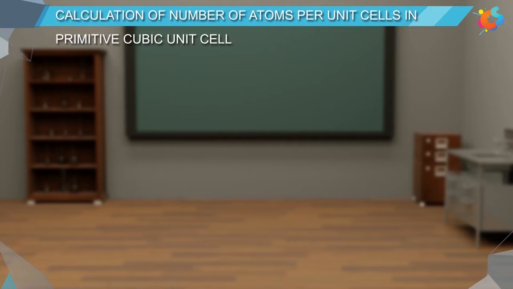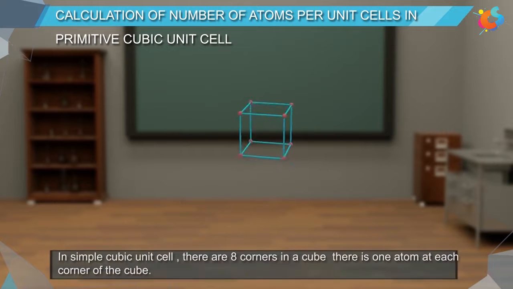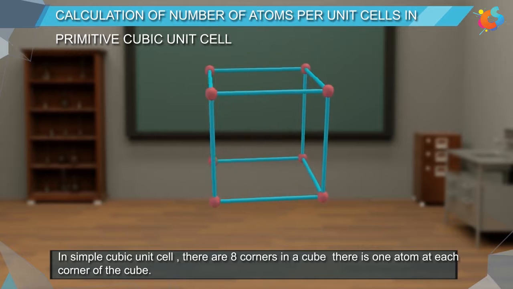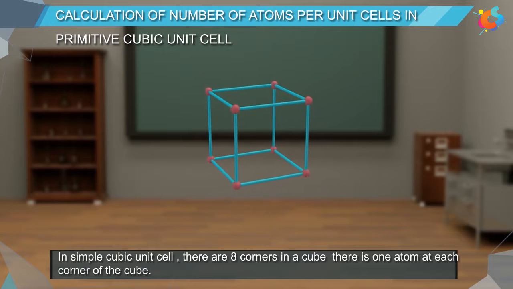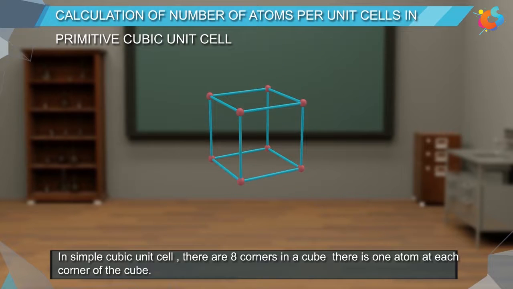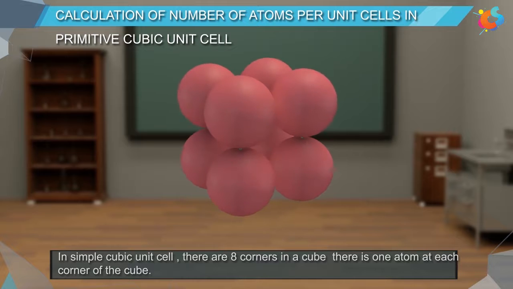Calculation of number of atoms per unit cell in primitive cubic unit cell. Simple cube. In simple cubic unit cell, there are 8 corners in a cube. There is 1 atom at each corner of the cube.